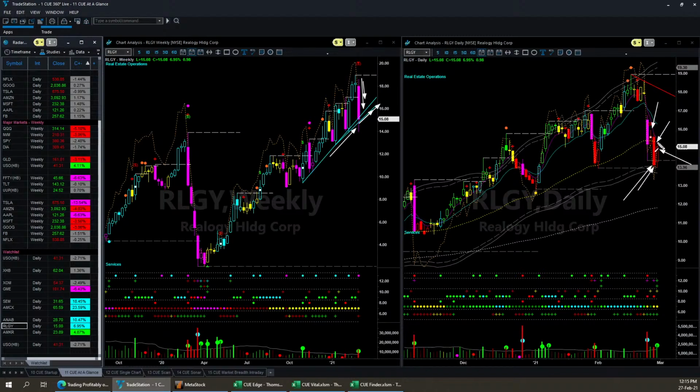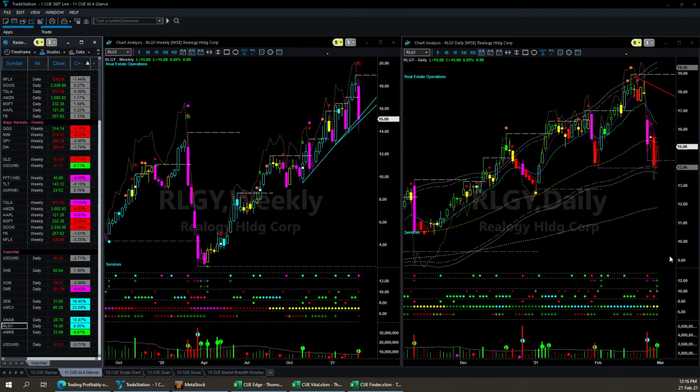There was an upper tail on Friday, so I would probably buy a smaller position, and if Monday it goes up above Friday's high, that may be the time to make it a full position for swing trading. So this is technically giving a bounce setup.